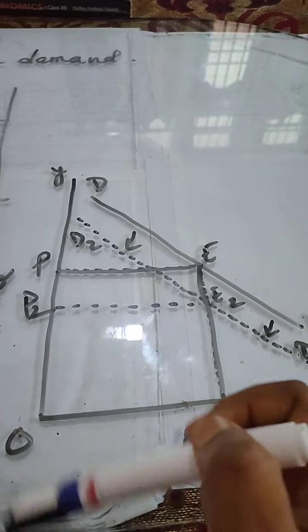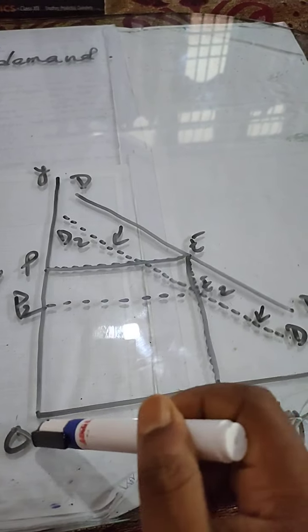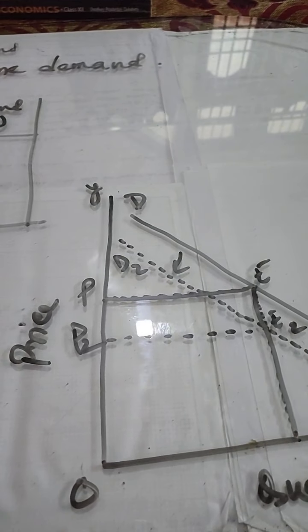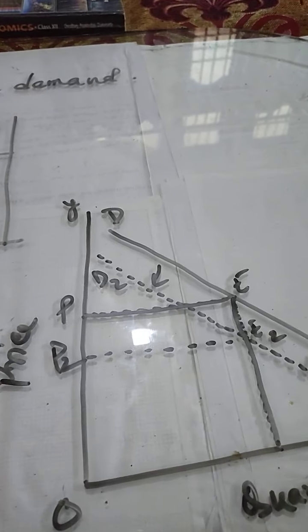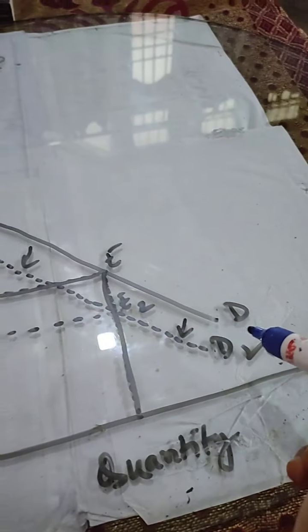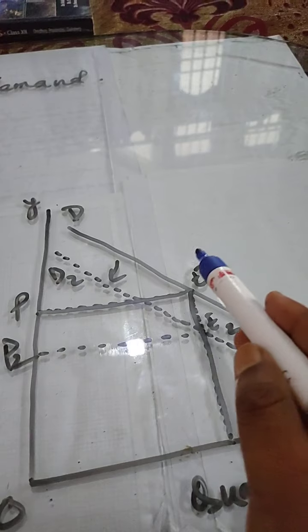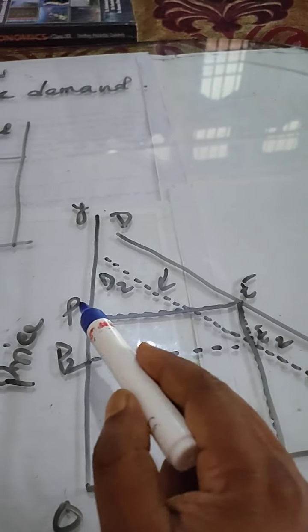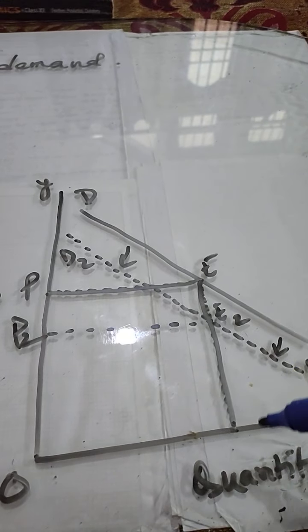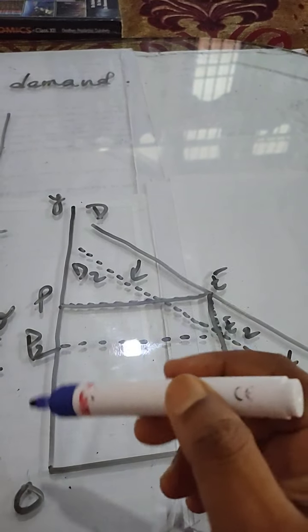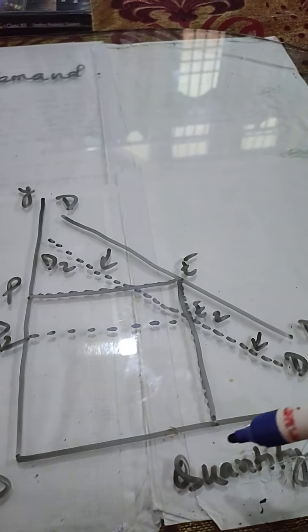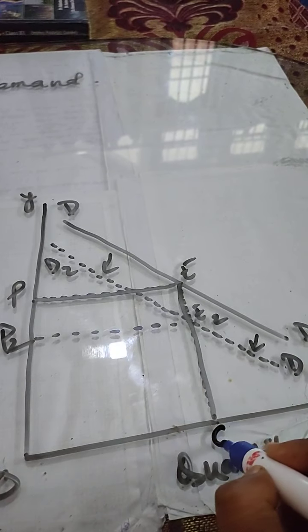Quantity is measured on the OX axis, and on the vertical axis we are measuring the price of the commodity. Again you see DD is the original demand curve, and E is the point where the price and demand for the commodity are settled. That is, at price OP, quantity demanded is OQ, at point E.